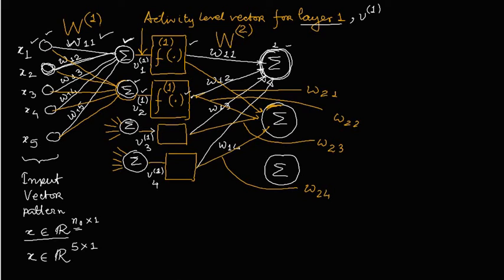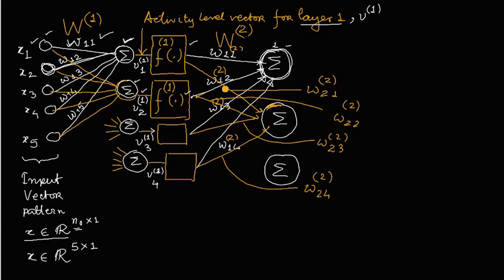So in this way, the set of weights for the first layer will have superscript 1. Similarly, individual weights are also given superscripts like this. These are given superscript 2.